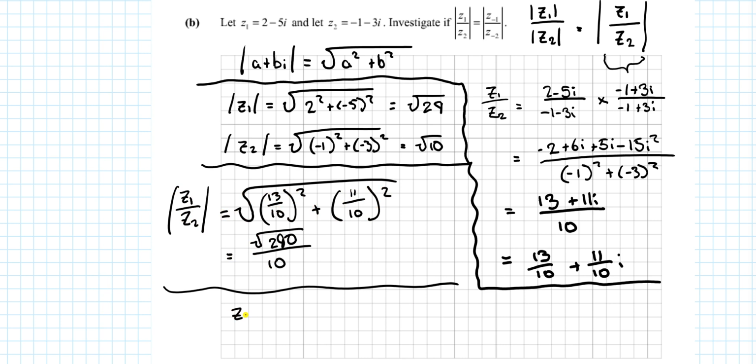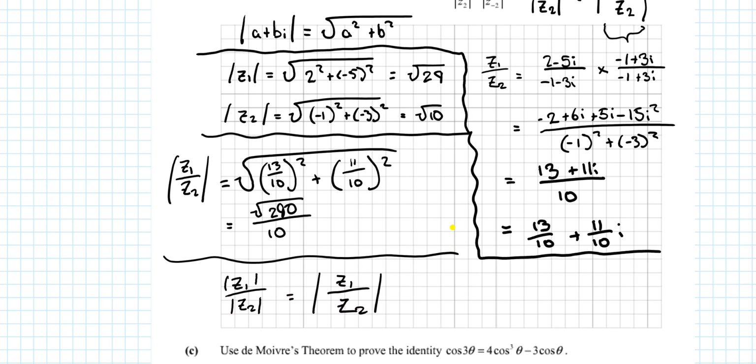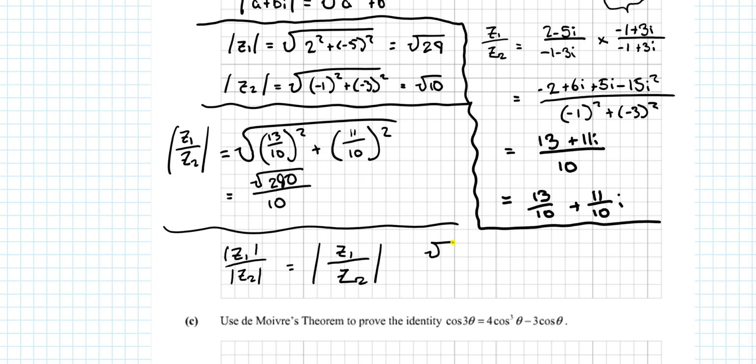And we know the modulus of Z1 over the modulus of Z2, dropped my calculator, what do we have? This is the square root of 29 over the square root of 10, equaling the square root of 290 over 10.